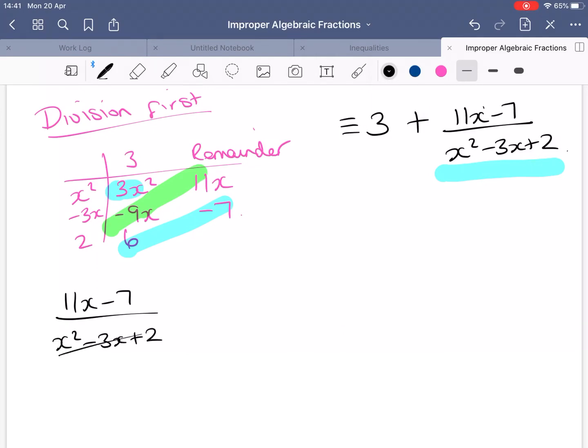And if we factorise that, we can write that as x and a 2 and an x and a 1, and it's going to be minus 2 and minus 1. So I can write 11x minus 7 over x squared minus 3x plus 2 as A over x minus 2 plus B over x minus 1.